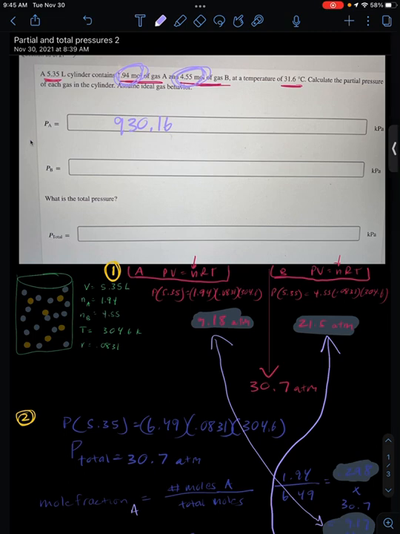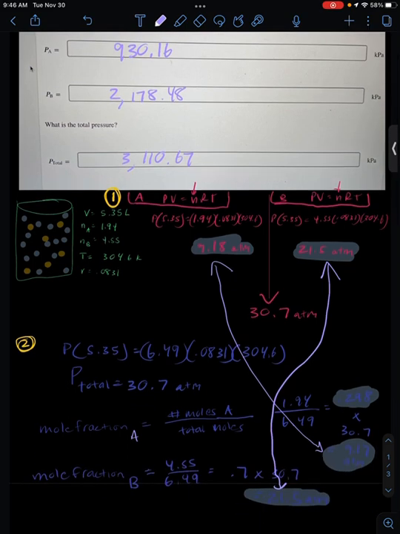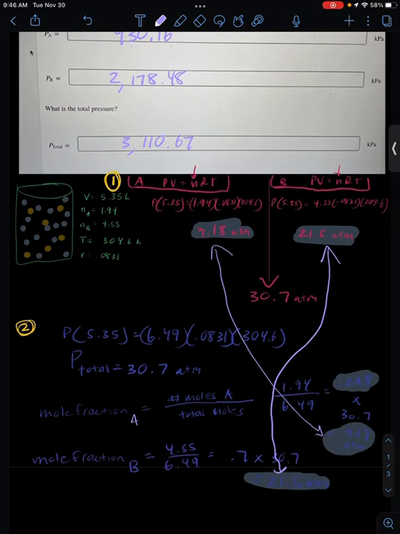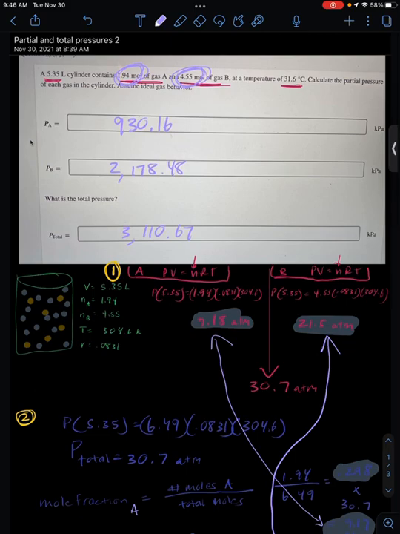For B, 2178.48, and then my total is 3110.67. So there you go. You have one of two ways to solve this type of question.